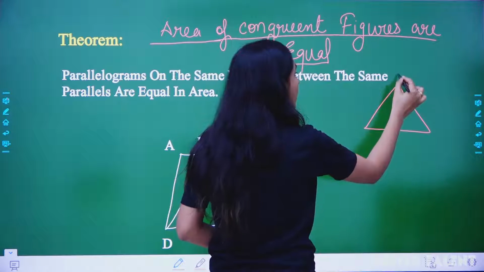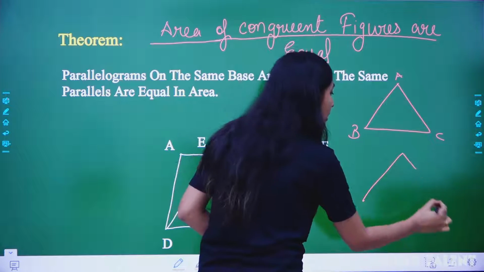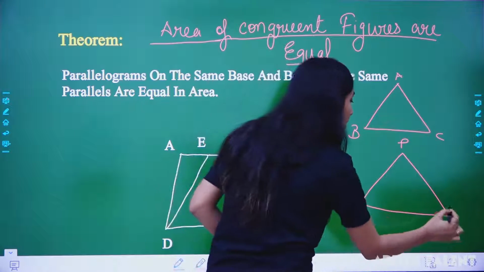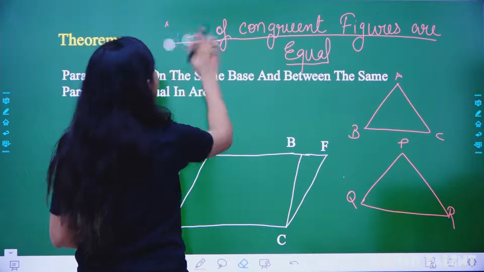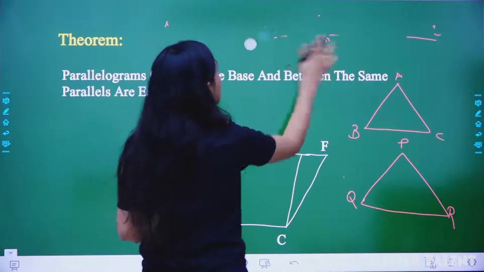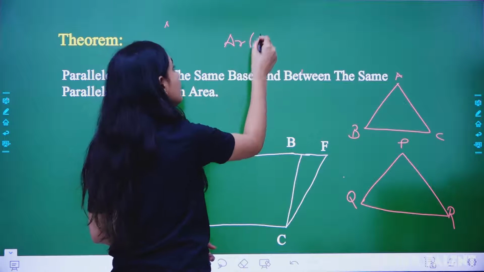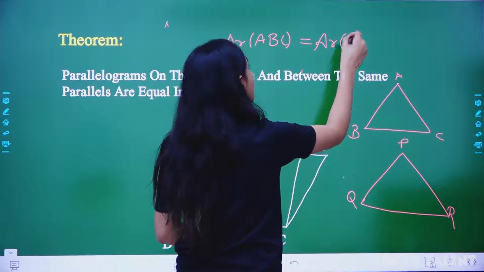If I have this triangle ABC, which is congruent to this triangle PQR, then I will write that area ABC is equal to area PQR.